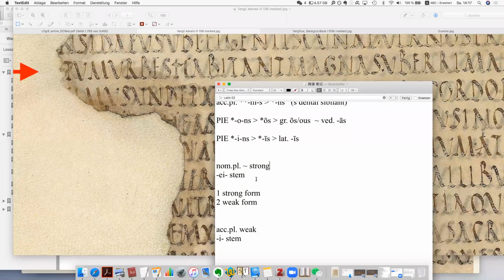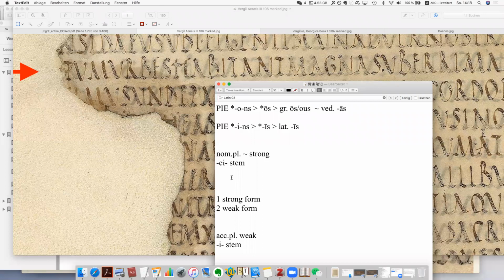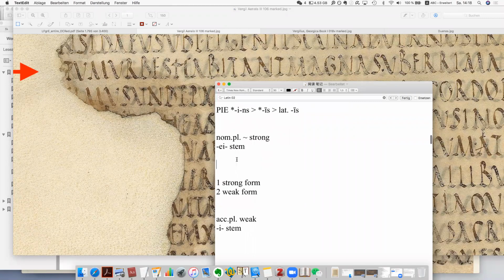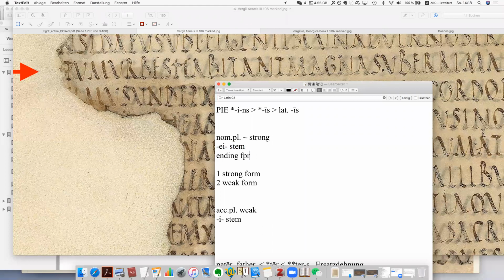Okay, welcome. Yeah, you're welcome. Yeah. And then this is a stem. And what is the ending for nominative? Sorry, ending for nominative plural? It is s, right? It is s.